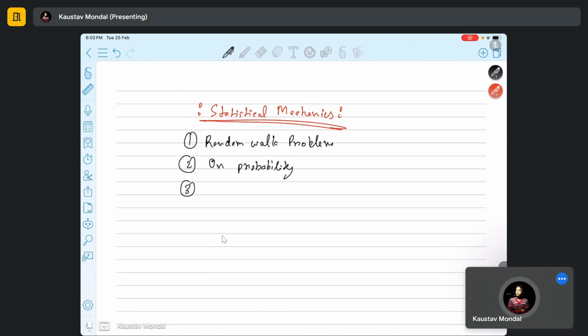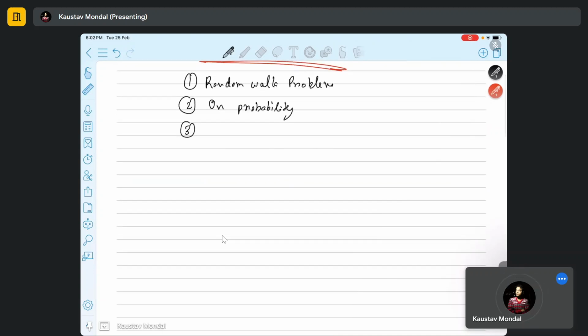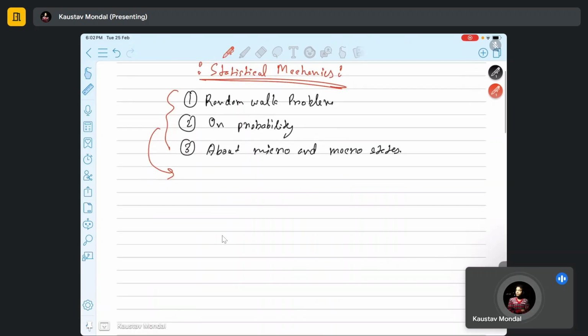And third is about the micro and macro states, which is a very important concept in statistical mechanics. So these are basically the topics that we will study in today's tutorial session.